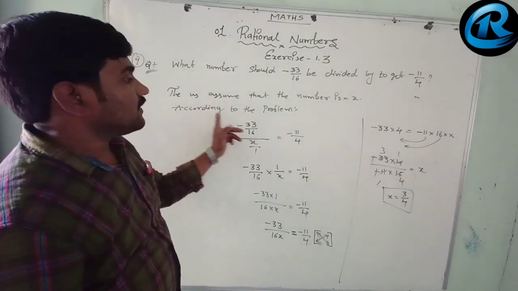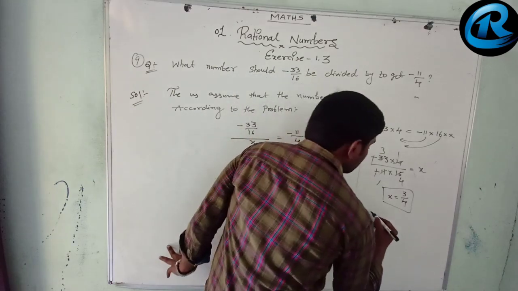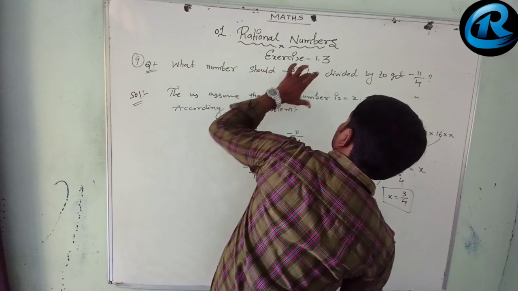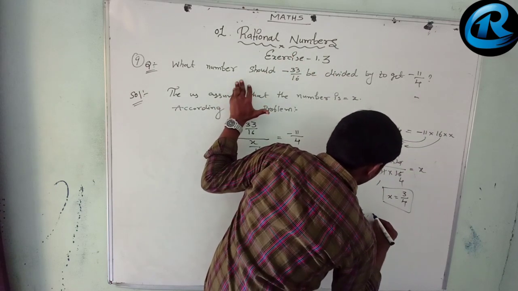Then the number is x. What number should be divided? Here we should divide by, see, what number should minus 33 by 16 be divided by? The number is 3 by 4.